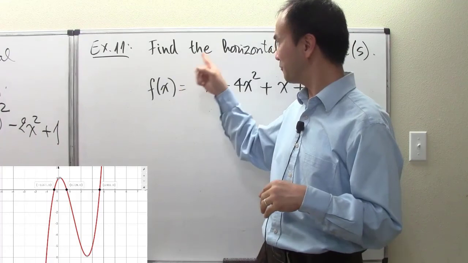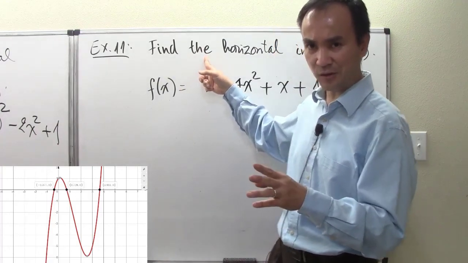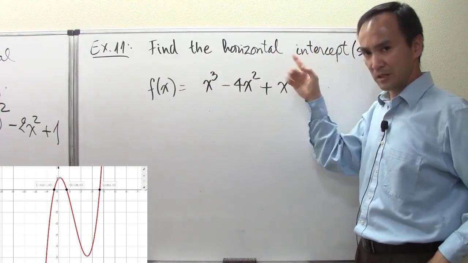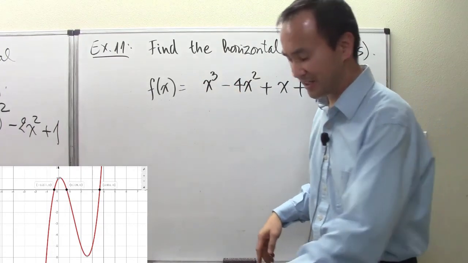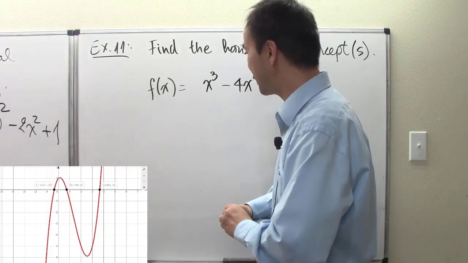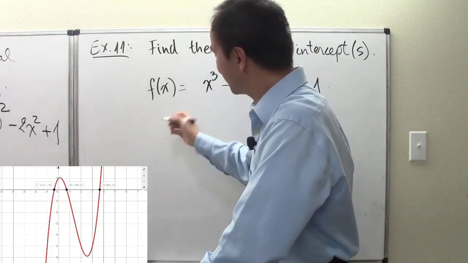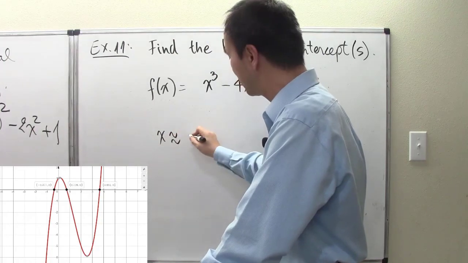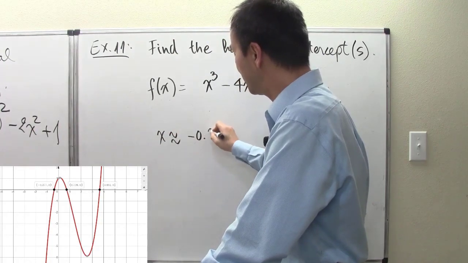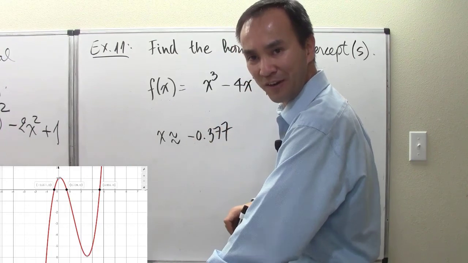So here we were still able to find the horizontal intercepts, but through the graph. The best thing we can do is just to estimate. From what I see here, it was about negative 0.377. That's one of them that we found, and it's still there on the screen.